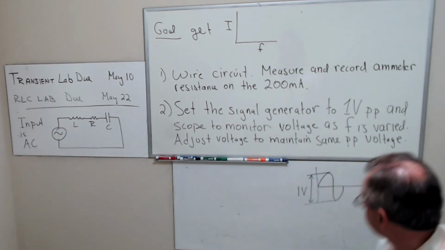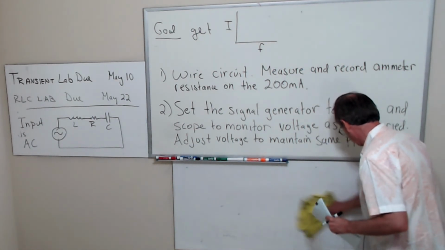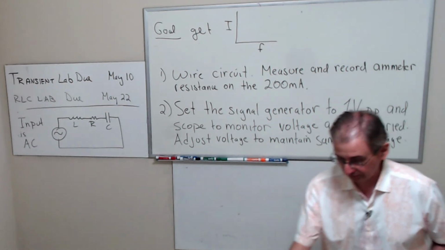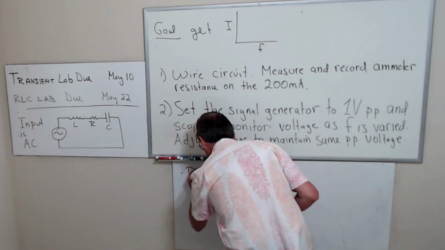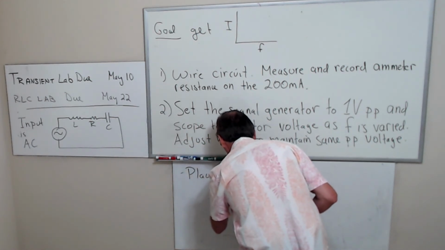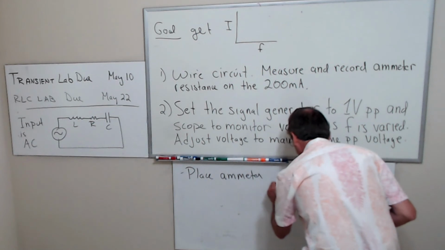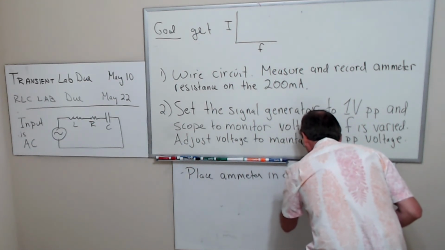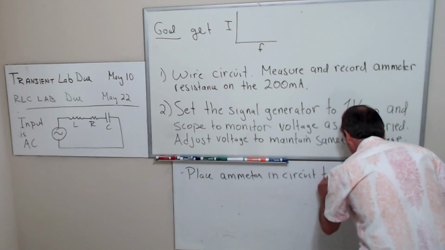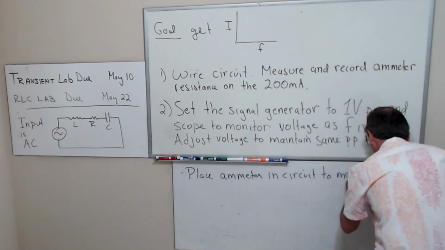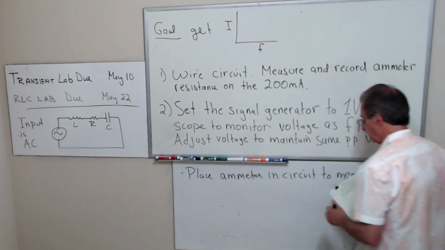Okay, next. I'm writing this down so that you have a record of it. So if you have a question, I will say watch the video. Place ammeter in circuit to measure the current, AC current.